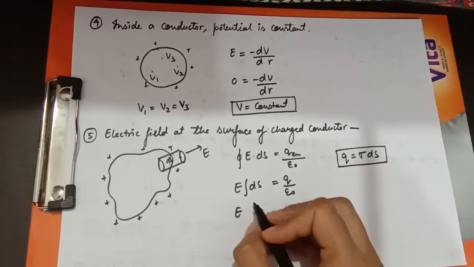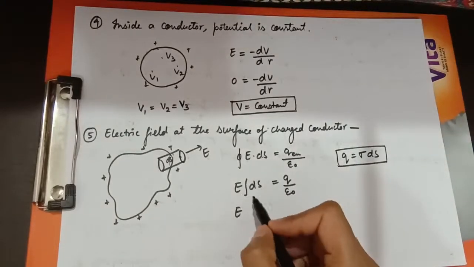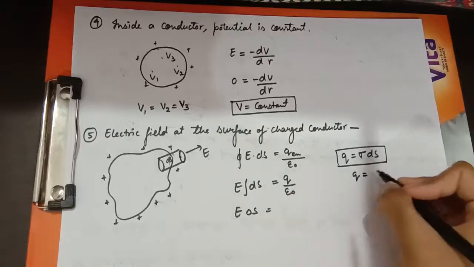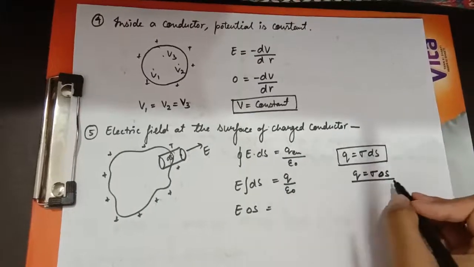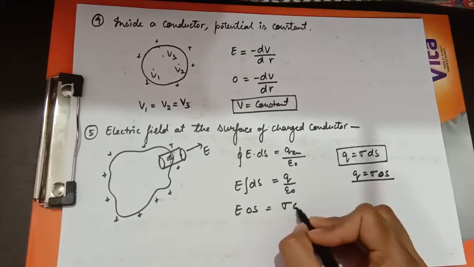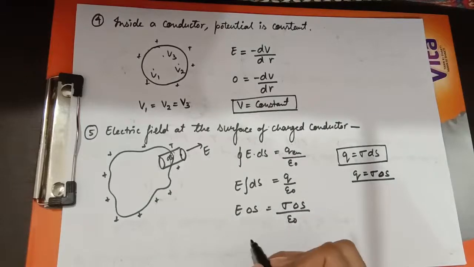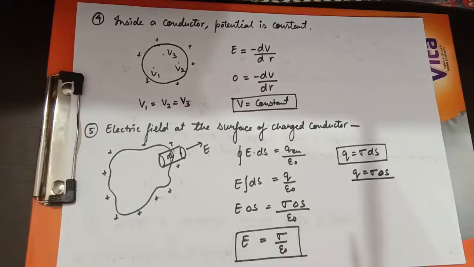Here integrating dS, I get delta S. So Q equals sigma delta S. This will be equal to sigma delta S divided by epsilon naught. And from this equation, I can write E equals sigma upon epsilon naught. So this will be the value of electric field just outside the surface of a charged conductor.